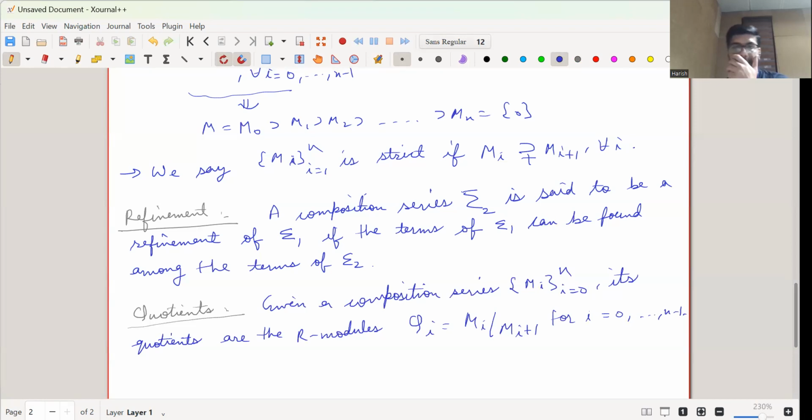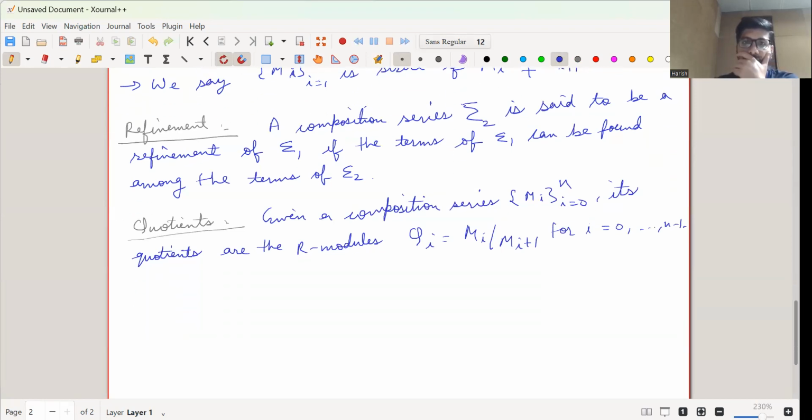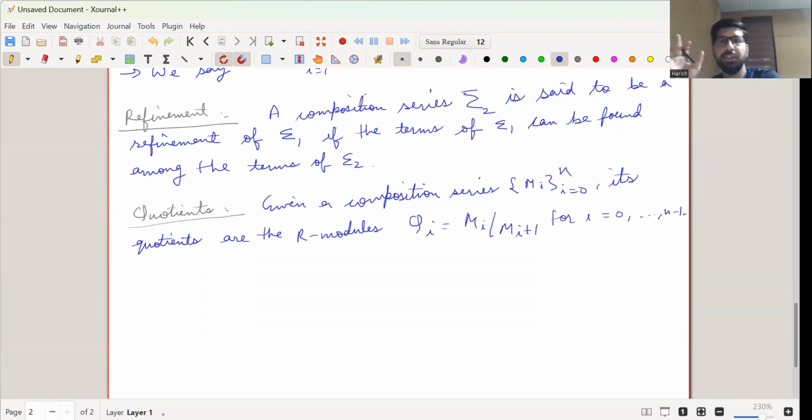So you have a composition series, then you just look at the consecutive factors. The consecutive quotient modules will be known as the quotients of the composition series.